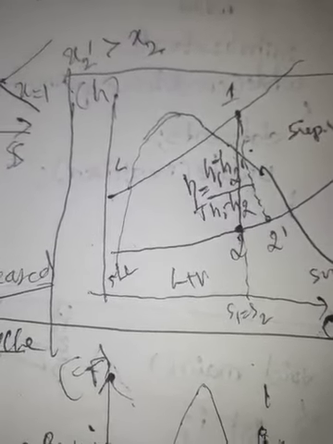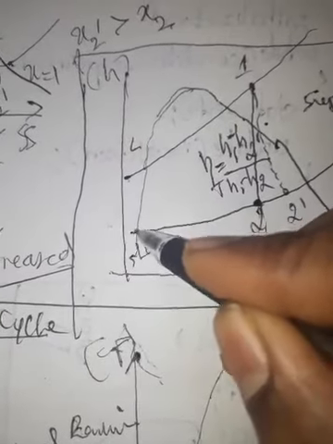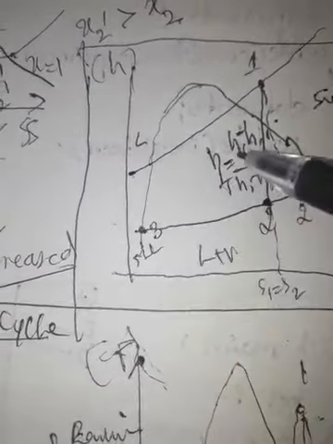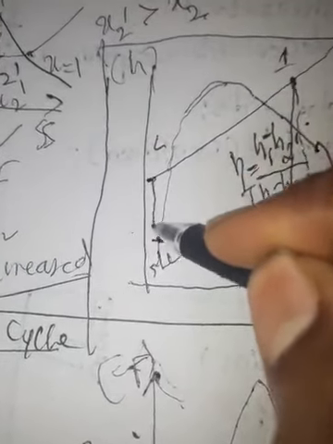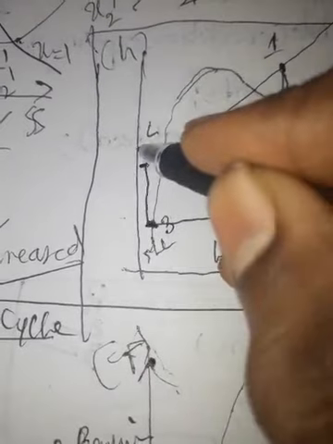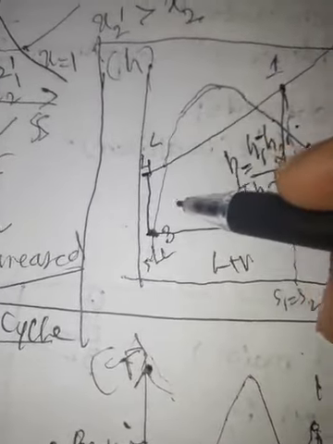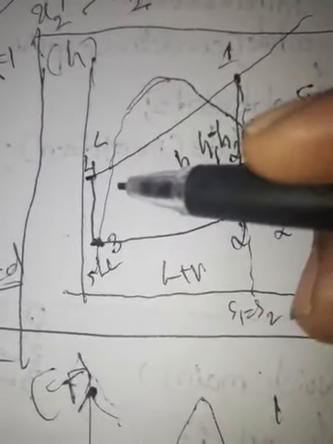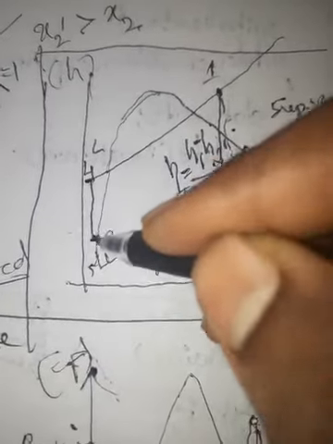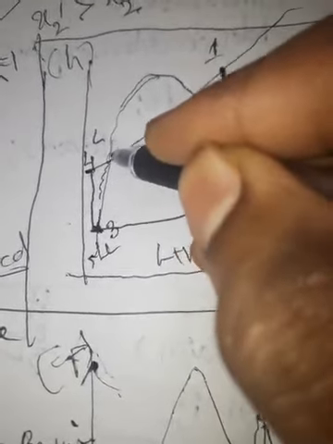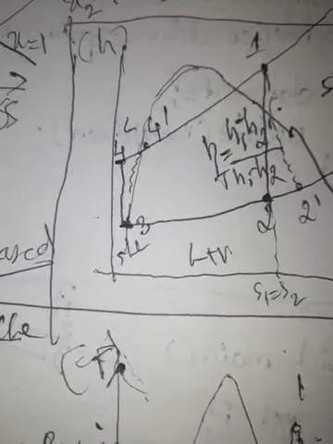Now coming to the pump. 2 to 3 there is condensation. 3 to 4 is the ideal pumping process, and 3 to 4 dash because of deviation is the actual pumping process.